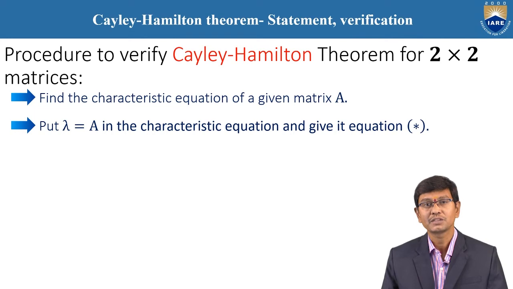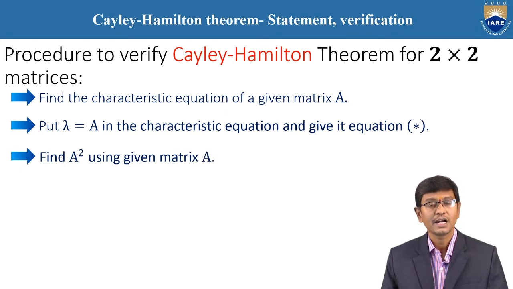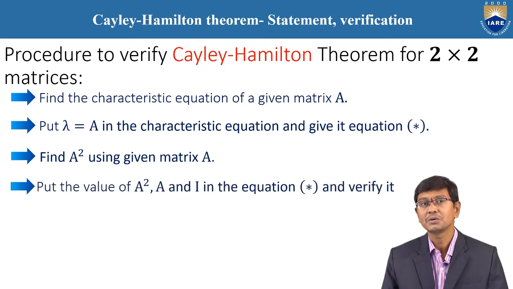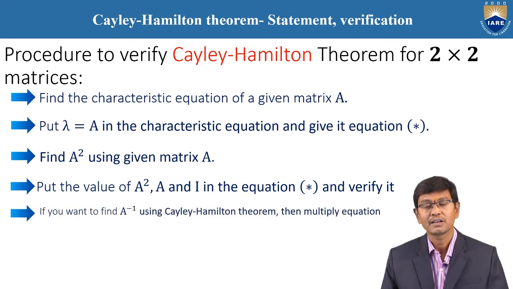After getting that in terms of lambda, we replace lambda with A, and call this equation star. Then we find A square from the given matrix A, and replace A and A square in the star equation. Then we verify that it equals 0. That is the verification of the Cayley Hamilton theorem.